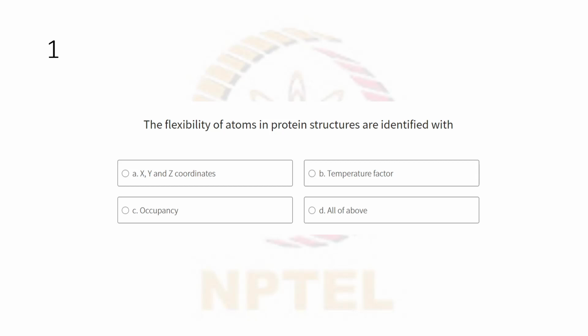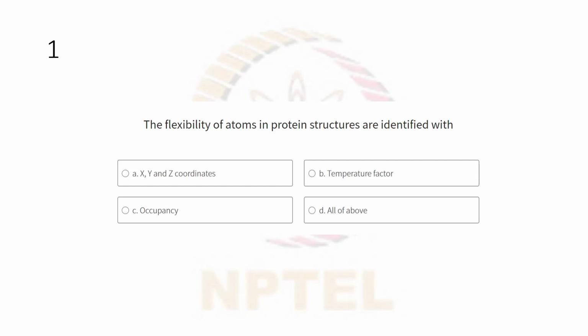Okay, moving on to the solution, I have got different answers. One thing is clear from the options: these all belong to the PDB file format.